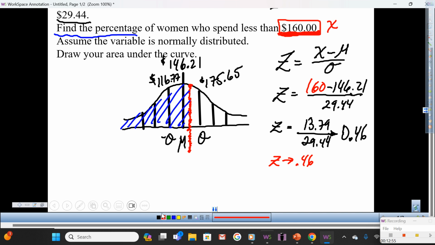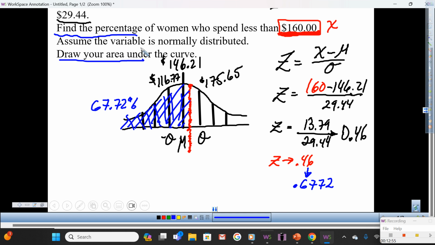Point seven two. Hands if you got that. So therefore, what is the percent under the curve, everyone? The percent under the curve is 67.72%.